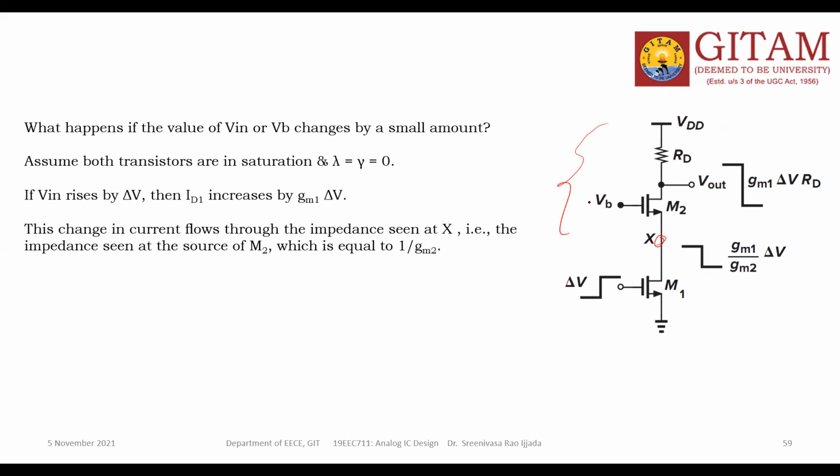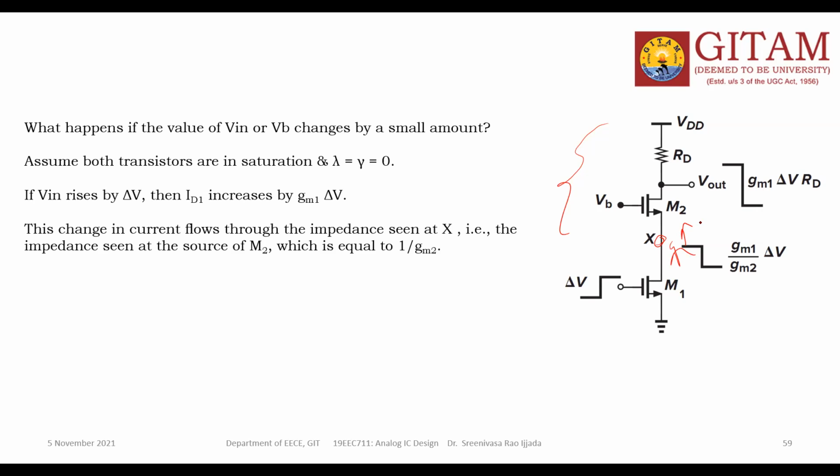Based on the theory, here I am taking the advantage to explain that at node X, the impedance seen from the X. Please stand at X and look up. That is called the input impedance of the M2 device.